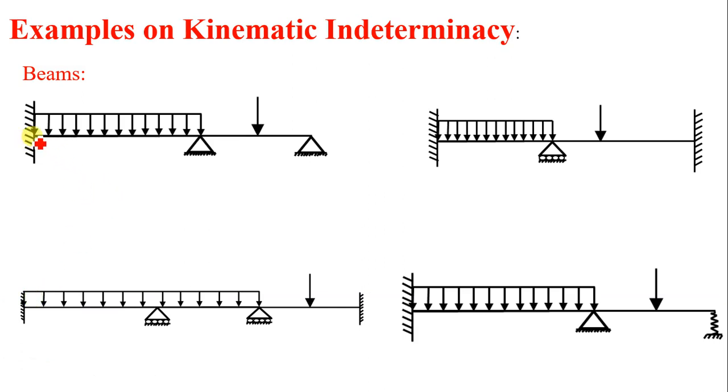Now in case of the beam shown in the figure, the left hand support is fixed, therefore the degrees of freedom at the left hand support is equal to 0. Here this is a hinge support, it offers 1 degree of freedom.